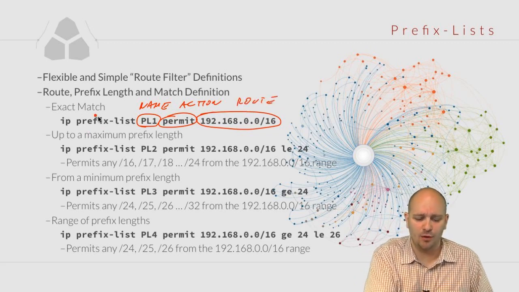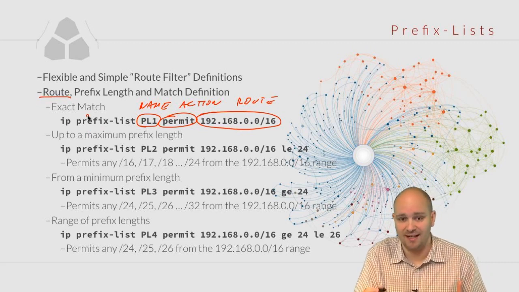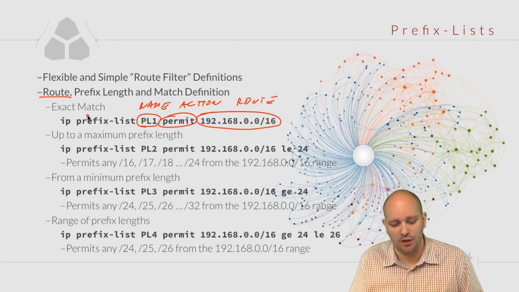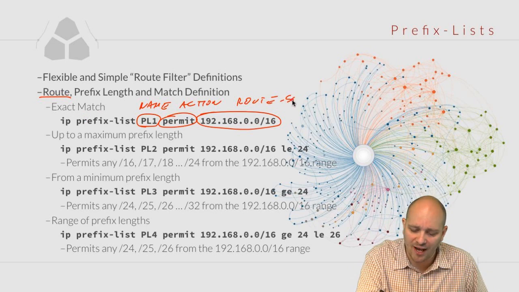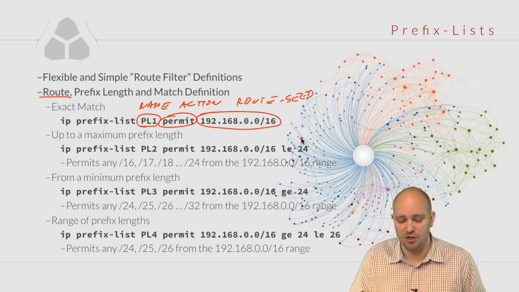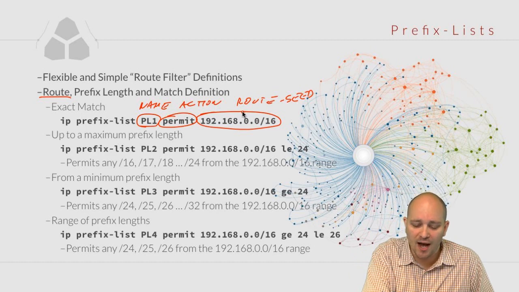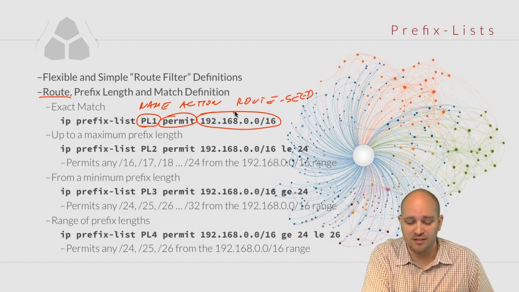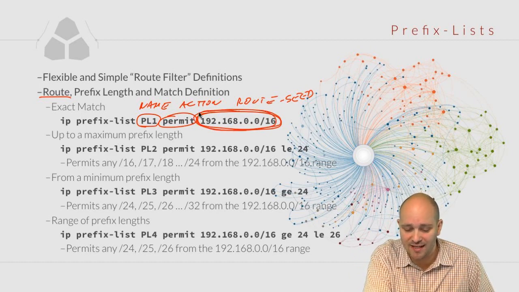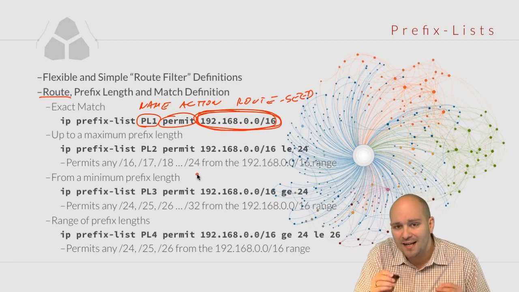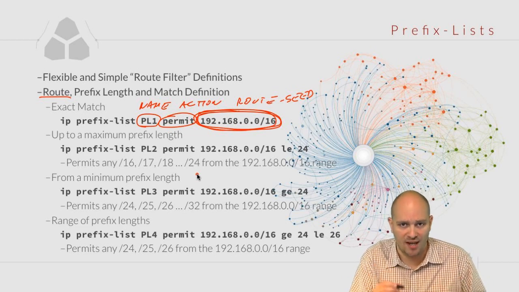What I mean by route definition, when I was talking about this part here, is more like a route seed definition. Now, what do I mean by route seed? This simply means that whatever I'm doing about this route, the routes that are going to be matched against this particular rule need to come from this range of routes.